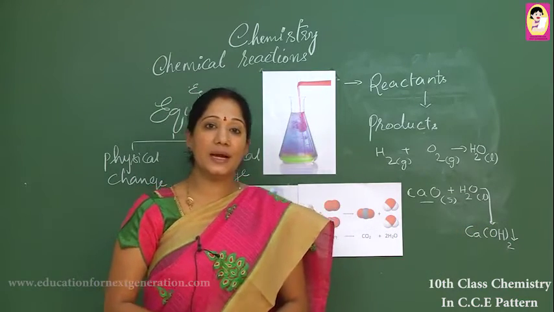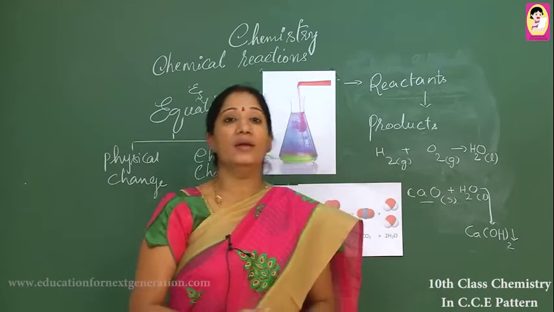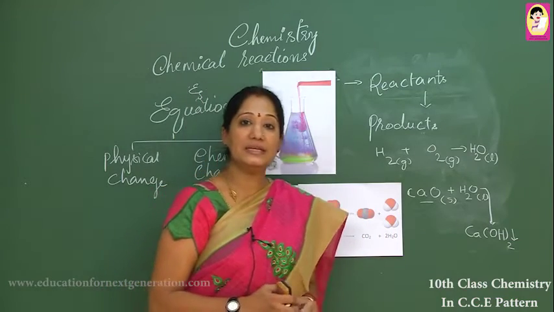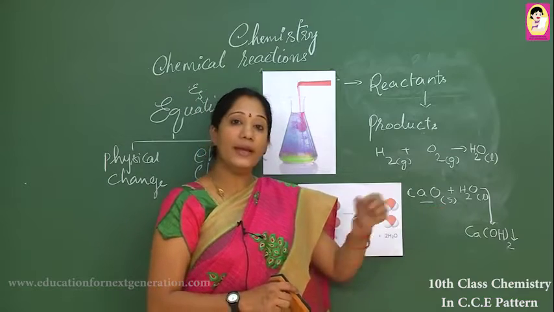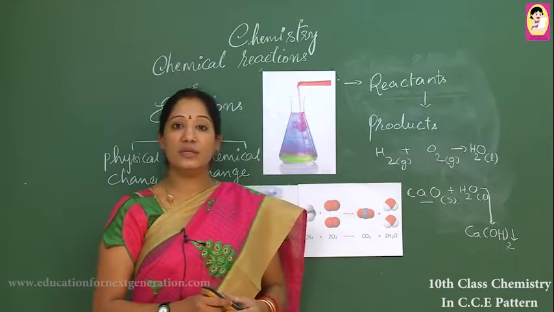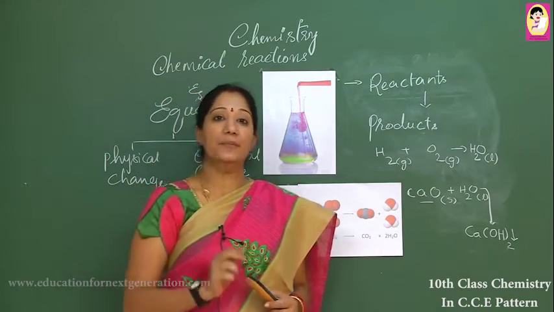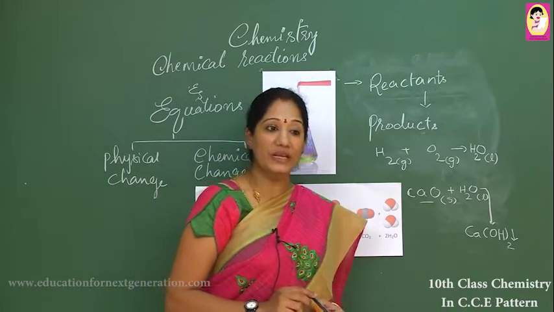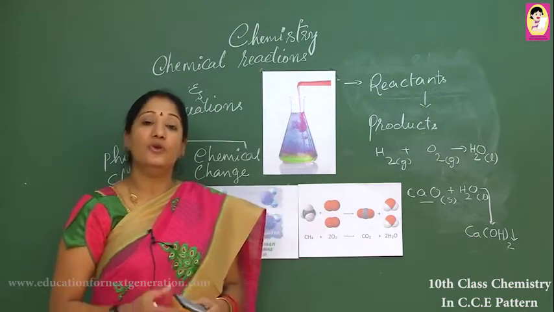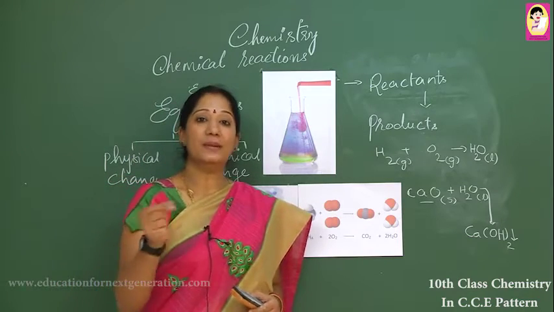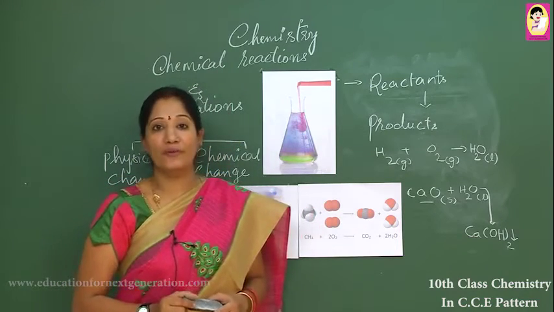Exothermic reactions are those reactions where heat energy is released by the substance when it is dissolved in the solvent. And endothermic reactions are those reactions which are completed with the absorption of heat energy. Take the example of boiling milk. To boil milk, you have to supply heat energy in the form of a flame.